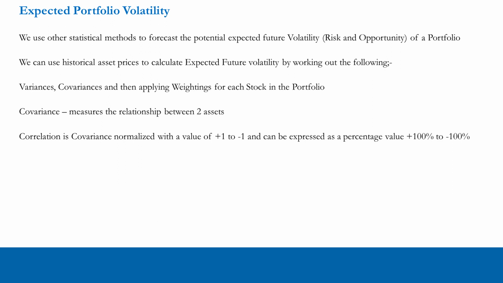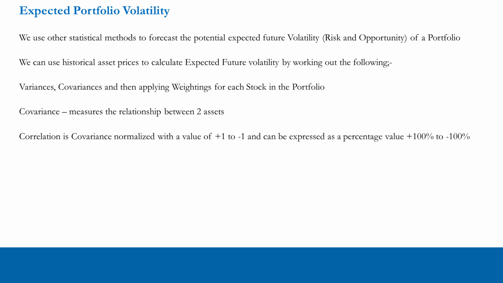What's important is expected future portfolio volatility. We use statistical methods to forecast the potential future expected volatility, so the risk and opportunity of a portfolio, which is just a collection of assets. We can use the historical asset prices, so the data that we download, to calculate our expected future volatility by working out variances, covariances, and applying weights for each stock in the portfolio.